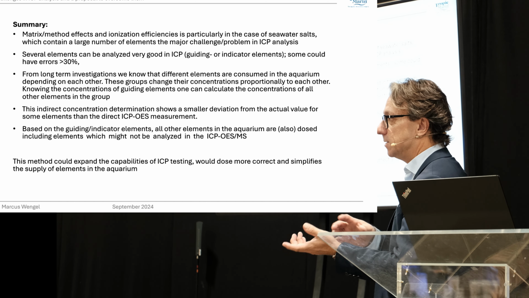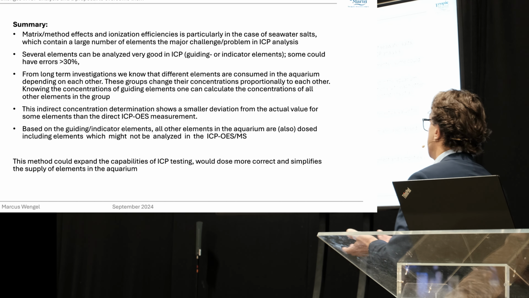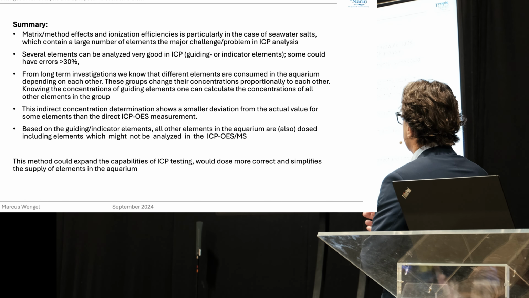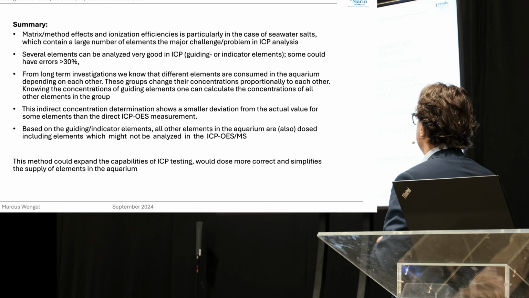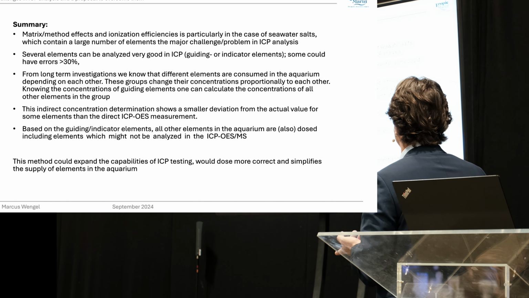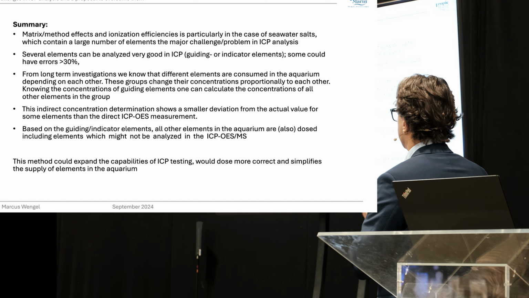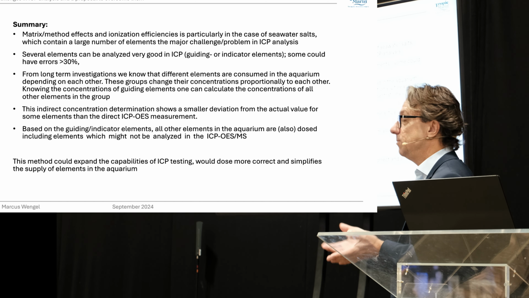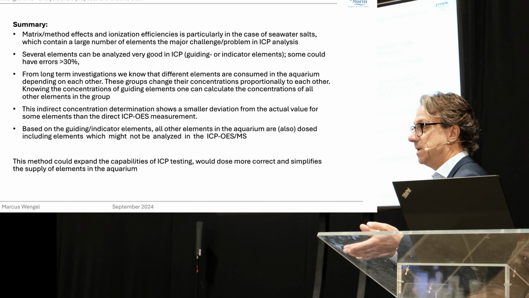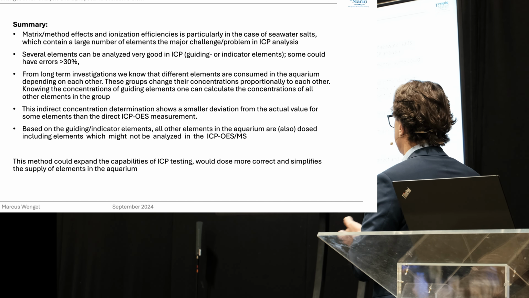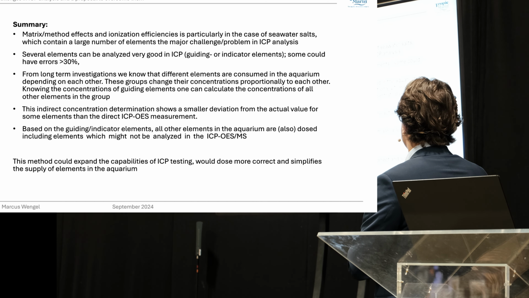With one guiding element, all other elements in the group can be dosed. So this is an indirect concentration determination, but it shows a smaller deviation from the actual value for some elements than the direct ICP-OES does. So we are better than ICP measurements with dosing in these groups.